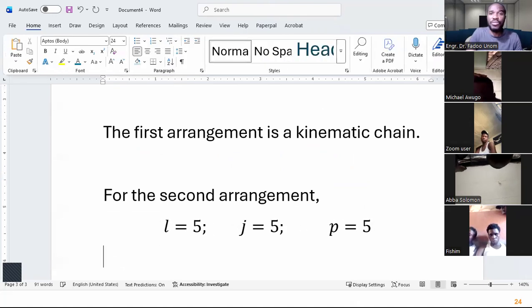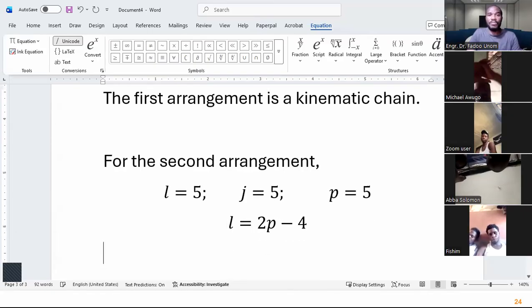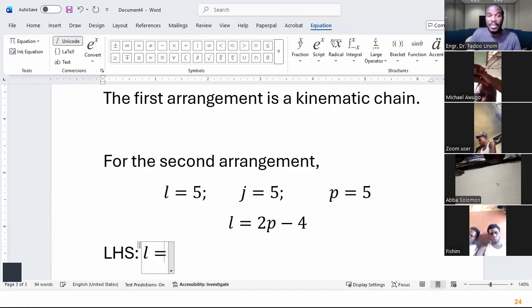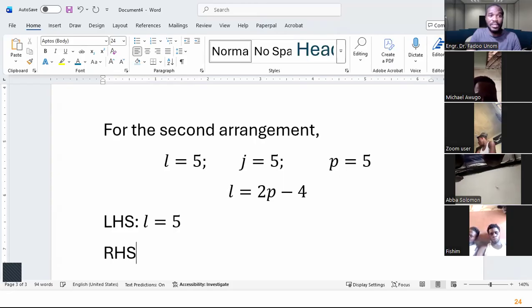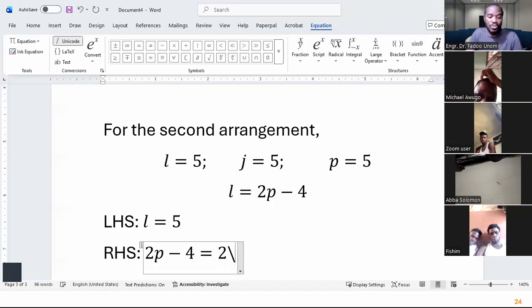So let's quickly run our equations to see what becomes of them. L equals 2P minus 4 is the first equation. The left-hand side of that equation says that L is 5, right? How about the right-hand side? The right-hand side says that 2P minus 4 will be 2 times, how many P's are there?